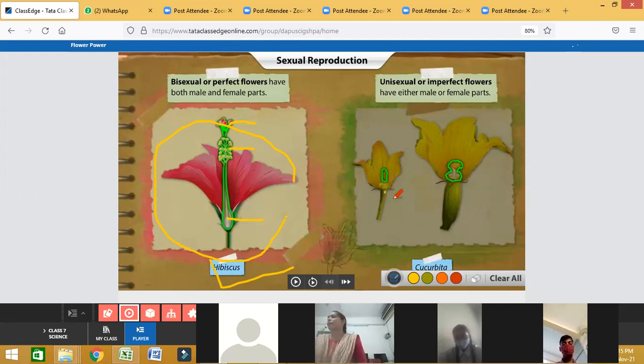Here you will see in this flower, only one part is there. That means only the male part is there. But in this other flower, the female part is there. Then this is the bisexual plant. And this Hibiscus rosa-sinensis is the unisexual plant. Okay. Now see more video.